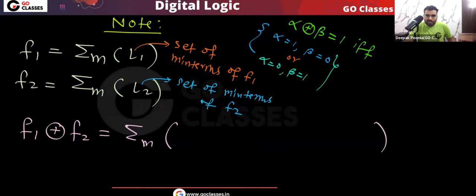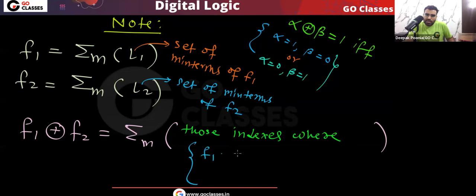So overall, I need those indexes where f1 is 1 and f2 is 0, or f1 is 0 and f2 is 1.